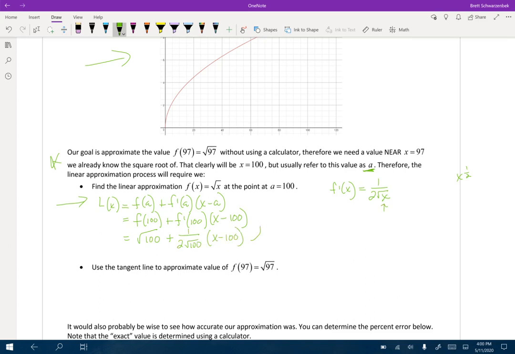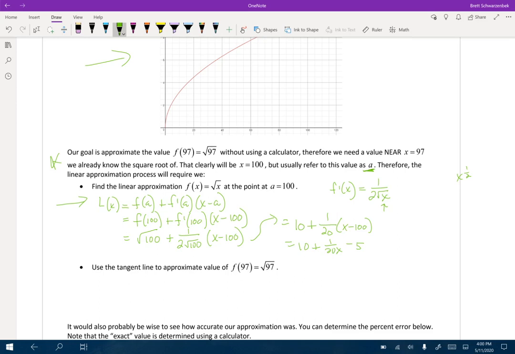All right, so all we have to do is simplify. We're going to get 10 plus 1 over 2 times 10, which is 20, times x minus 100. If we distribute, we get 10 plus 1/20th x minus 1/20th of 100, which is 5.